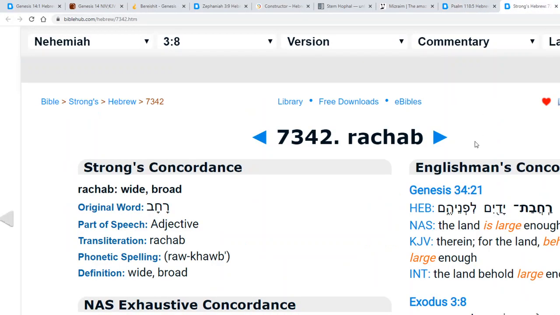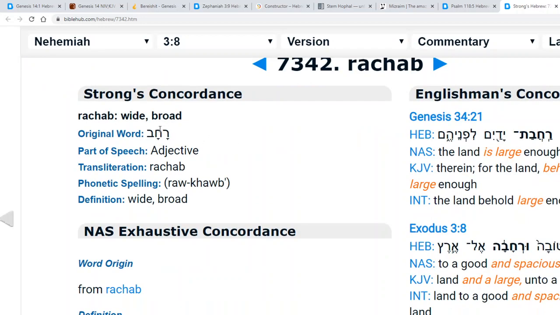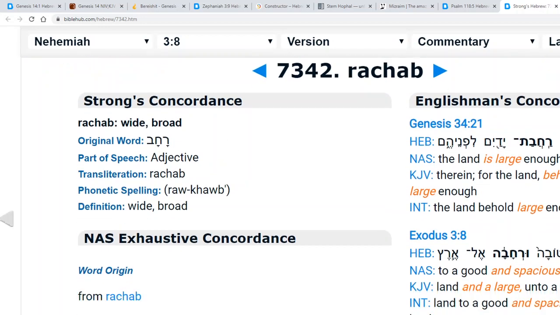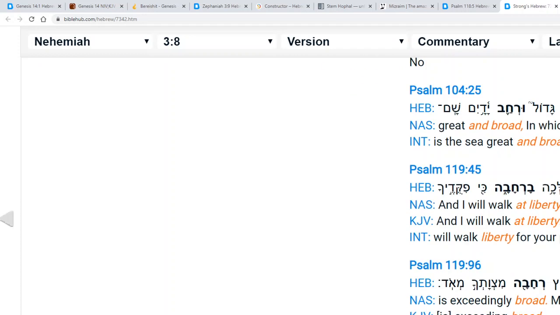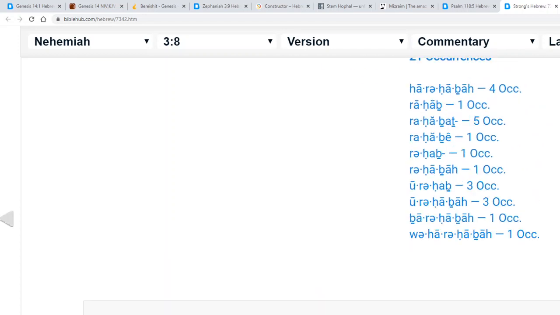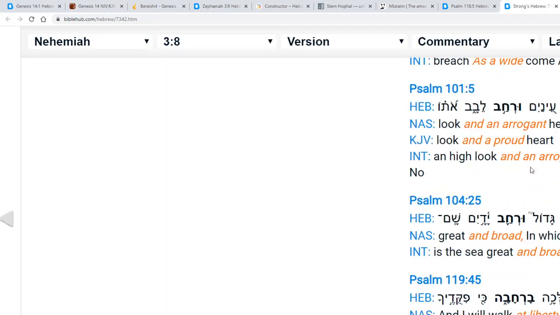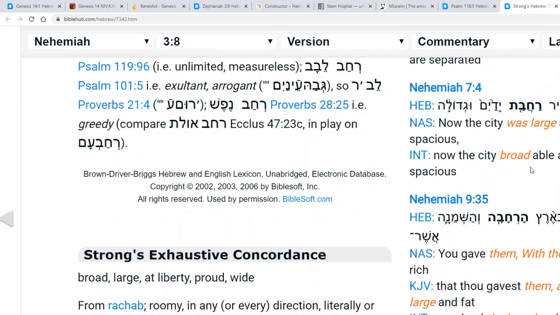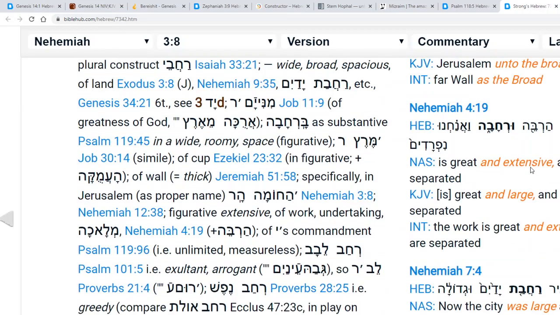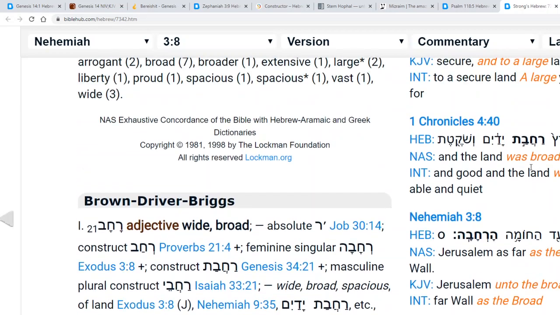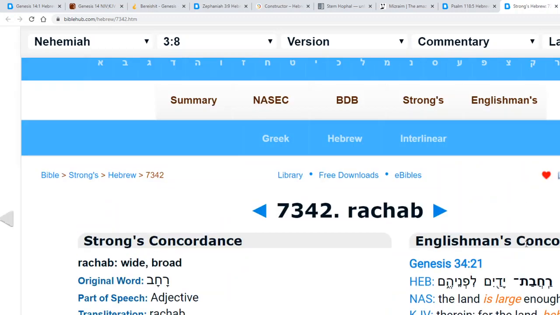So, right, rachav, this is the root, and it's used many times in the Bible. It's also the name of the innkeeper at the beginning of Joshua. It's used 21 times. You can look at all the times, but this rachava, this broadness, right?